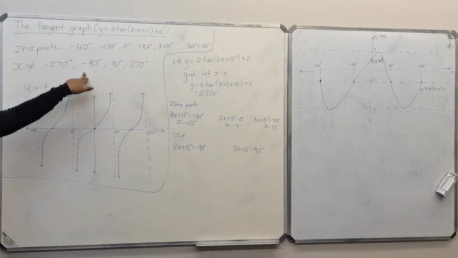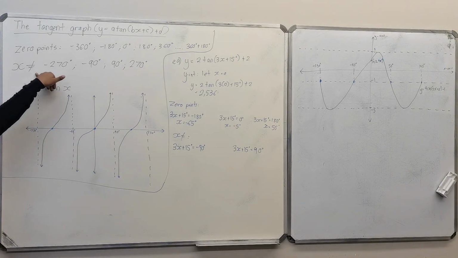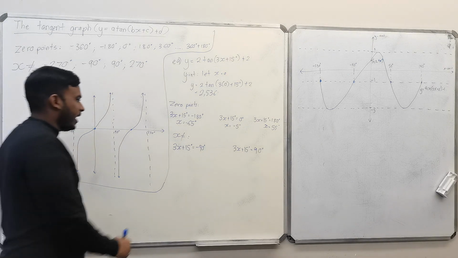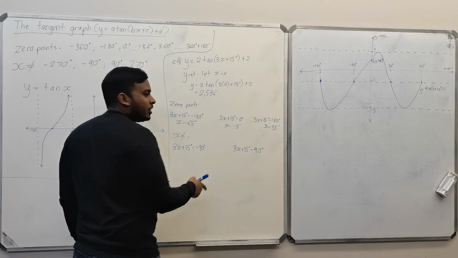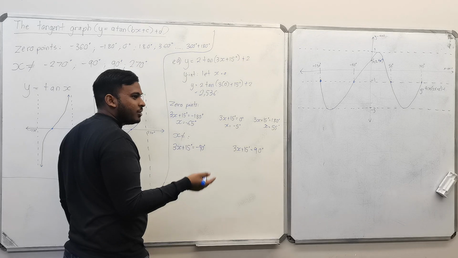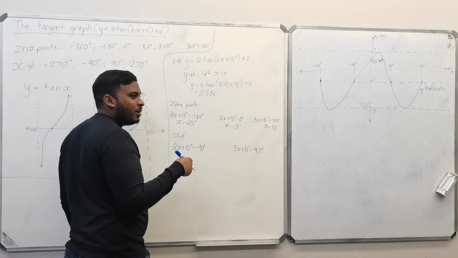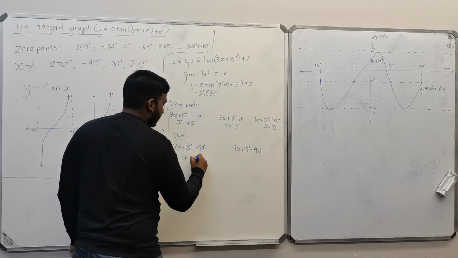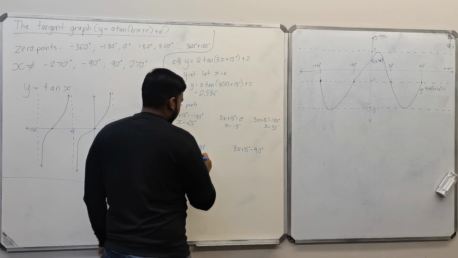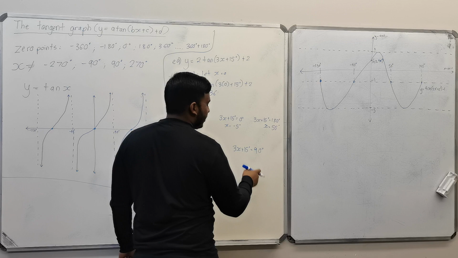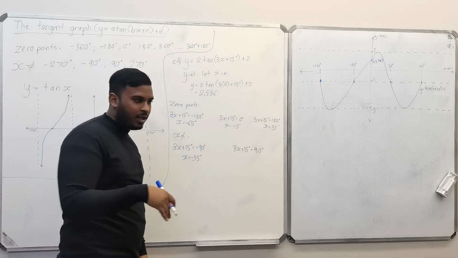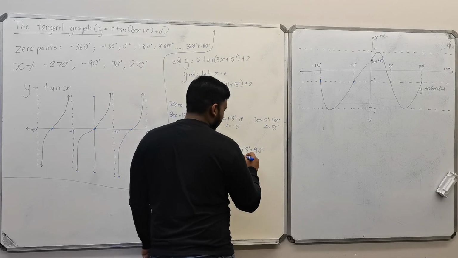Remember I said over here, for when x is not equal to a number, there's no 0, like how the cos is. So you take your 15 across, it becomes negative 105. Negative 105 divided by 3 is going to be negative 35. Here, you take this across, 90 minus 15 is 75, divided by 3 is going to be 25.